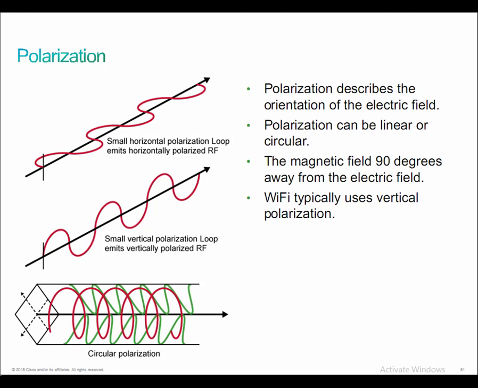We're generating a sine wave either horizontally in a horizontal polarized loop or vertically in a vertical polarized loop. Or we can use circular polarization where we rotate the field and use both the horizontal and the vertical fields.